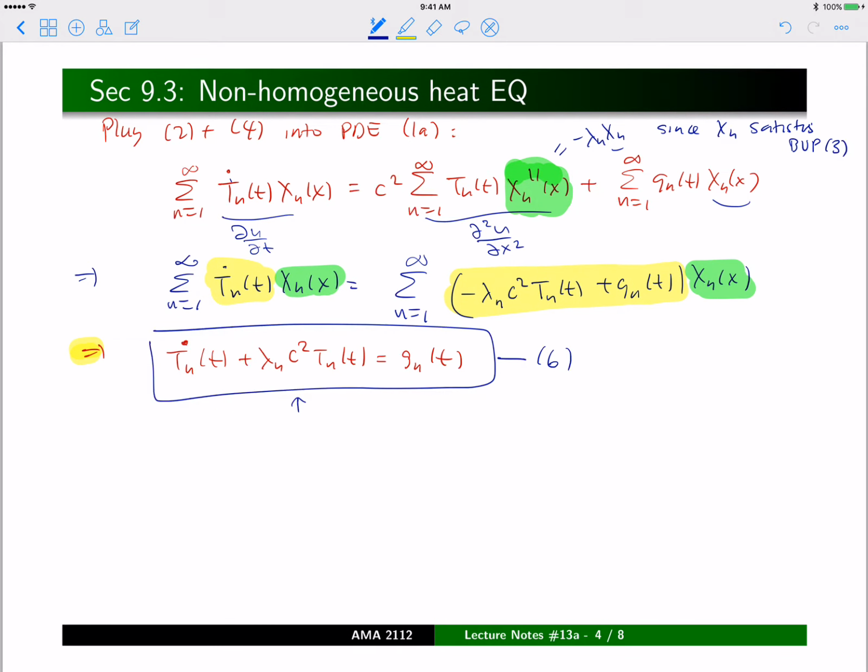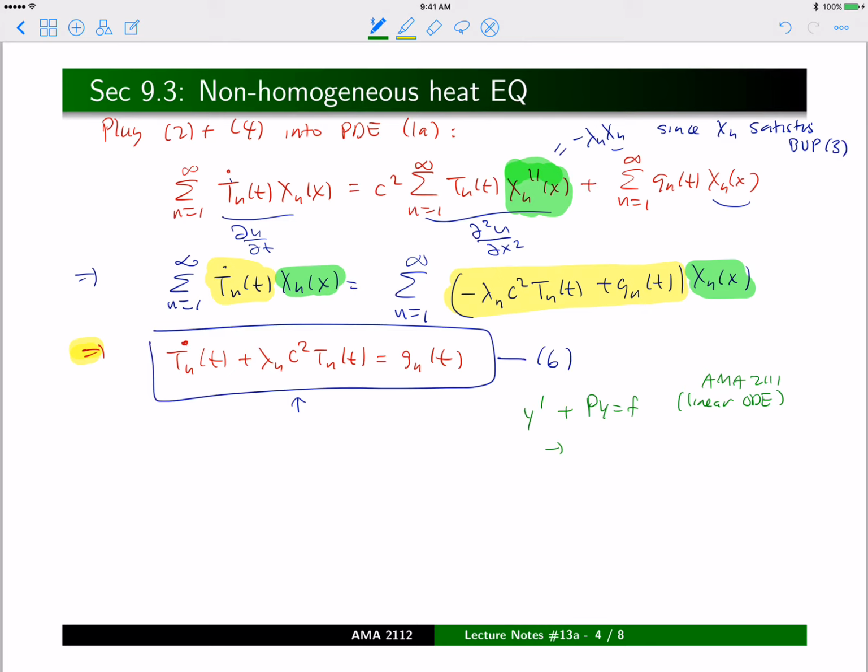But this is just a linear ODE. If you remember, linear ODEs are of the form y prime plus p y equals f. This has a solution, so this is a linear ODE from AMA2112.